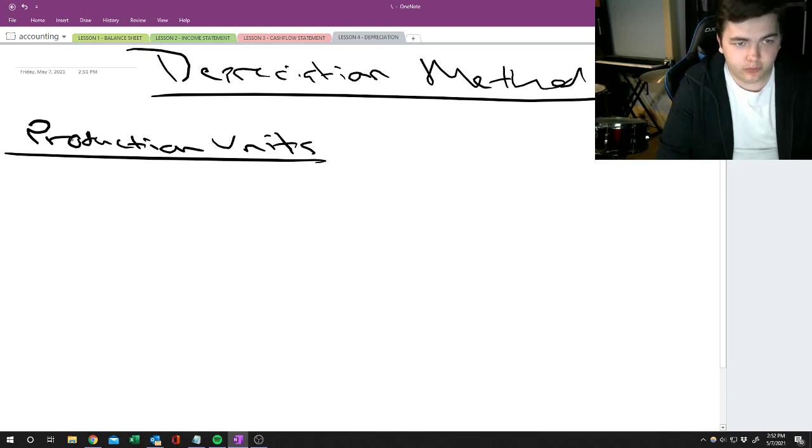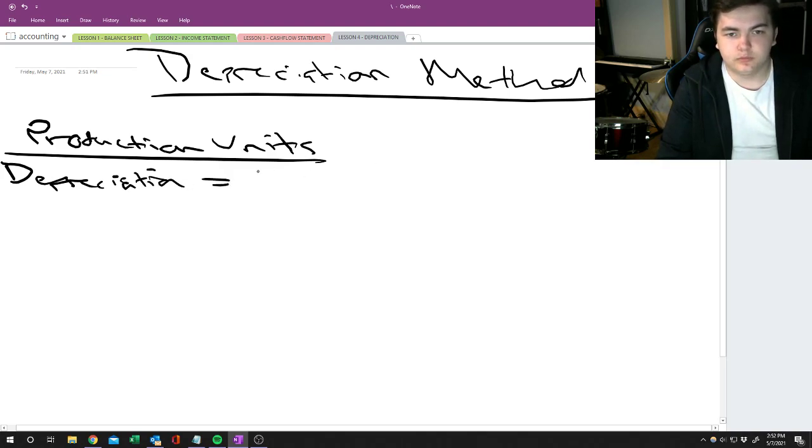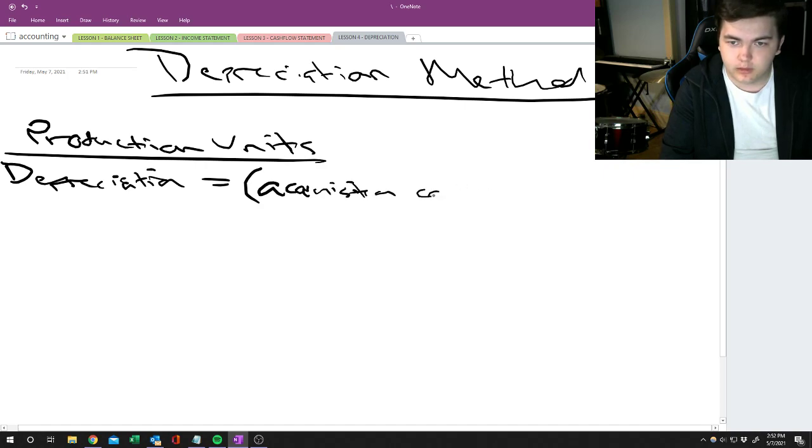So what you do to calculate is you take depreciation is equal to the depreciable cost of the asset, so that's the acquisition cost minus residual value.